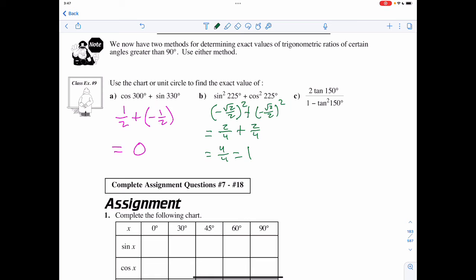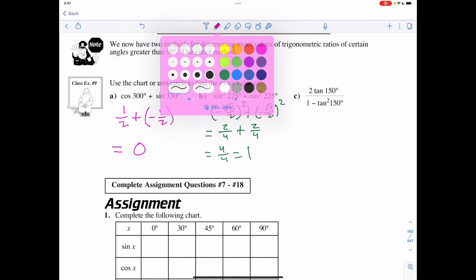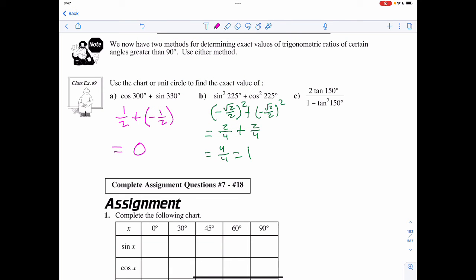And once again, I can plug this into my calculator to verify it. The only thing is when I'm putting this in my calculator, what I'm writing is bracket sine of 225 squared plus bracket cos of 225 squared. Your calculators probably don't have the sine squared or cos squared options on them.